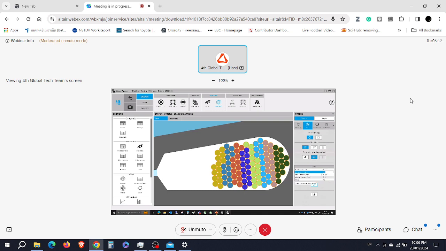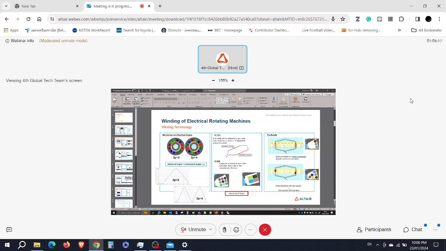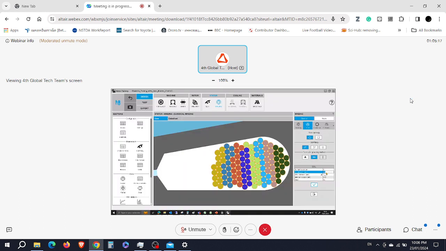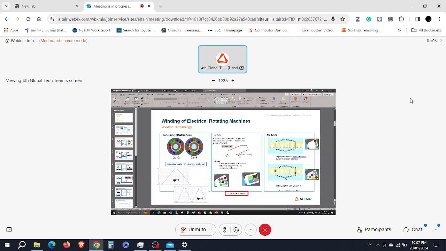What does it mean? One turn is like this, but I have 14 wires in hand. So I put 14 and make one turn. It means if I have 8 turns, I keep 14 in one hand, and I make 8 turns like this. So the number of turns will play a role in the production of the magnetic flux.